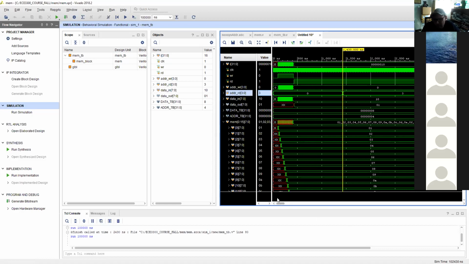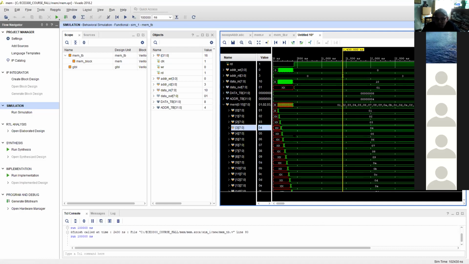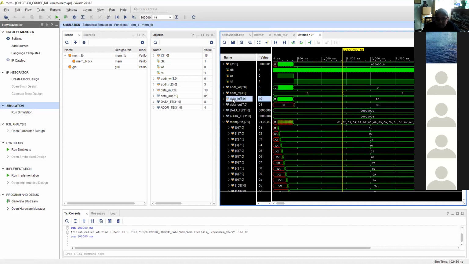Is there any idea why data out didn't change? Even though location 3 has 4. Any explanation? Hello?